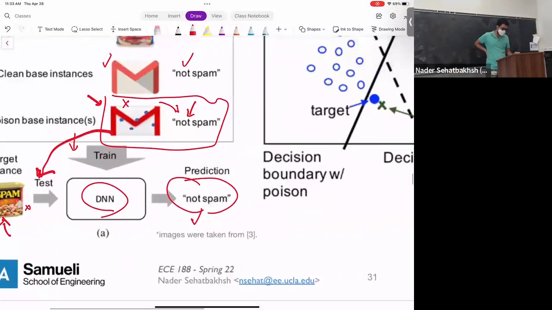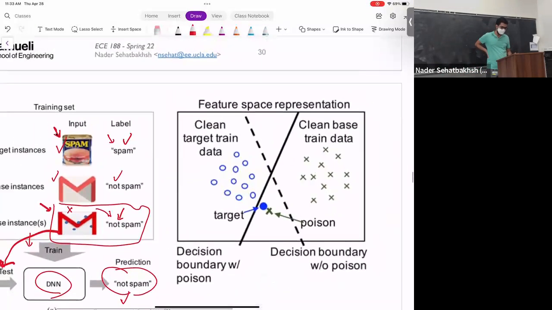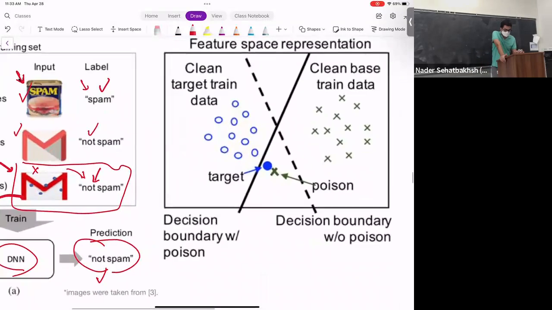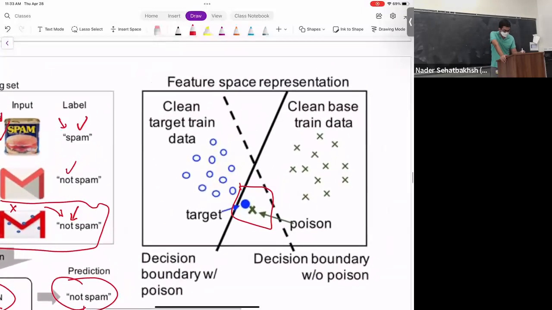Okay, so let's see actually how we do it. And the way that this has been done is actually very clever and very interesting. So for now, forget about these two parts here. Typically, when we have some clean data, let's see which color should I use.